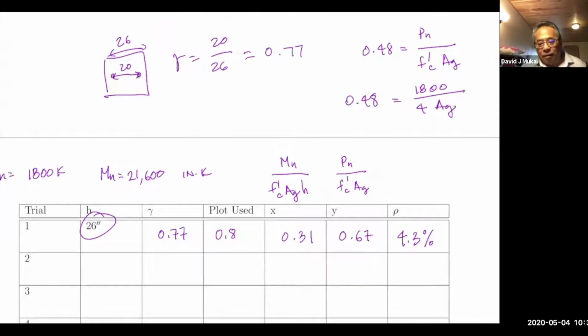And then solve that for AG, and that's H squared. That'll give you your next guess, okay? And so that says that the next guess is 30.